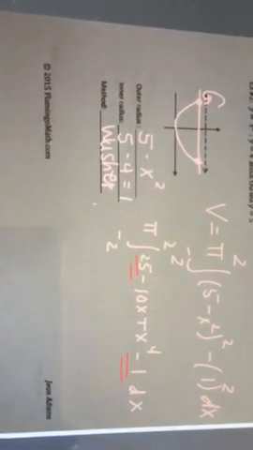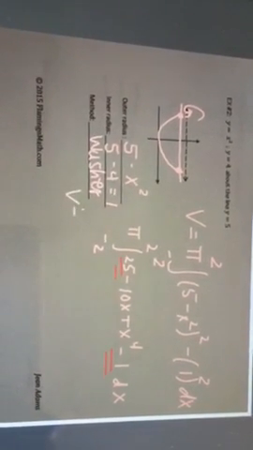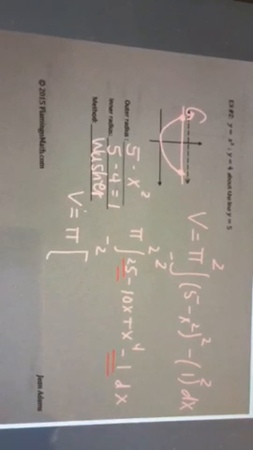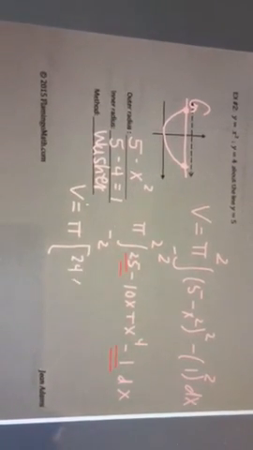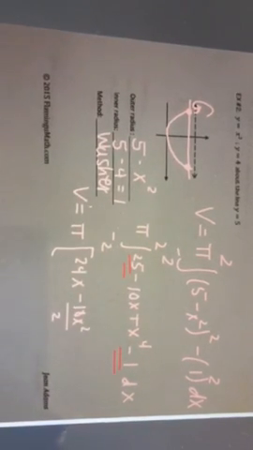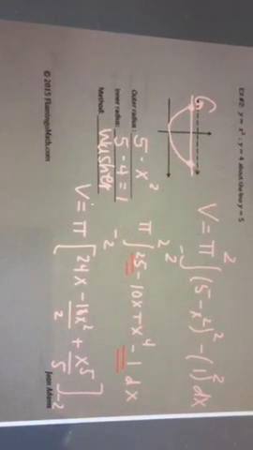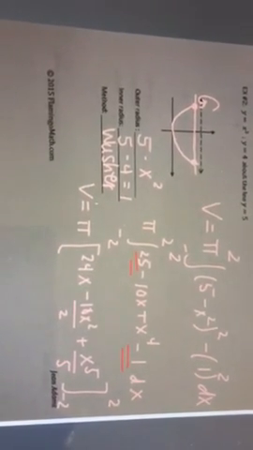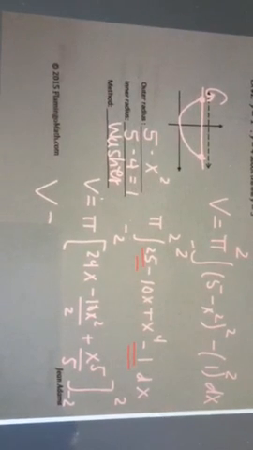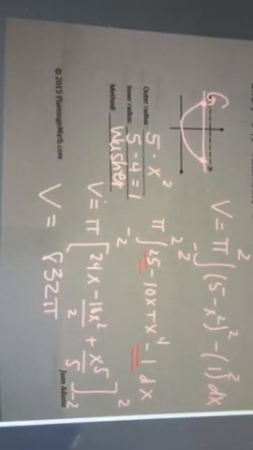We could then combine these two and integrate, which would give us 24x minus 10x cubed over 3 plus x to the 5th over 5, evaluated from negative 2 to 2. Using the fundamental theorem of calculus and simplifying, we would get a volume of 832 pi over 15.